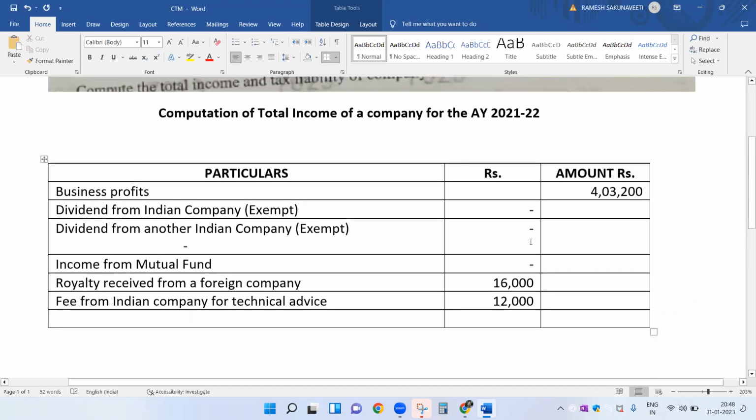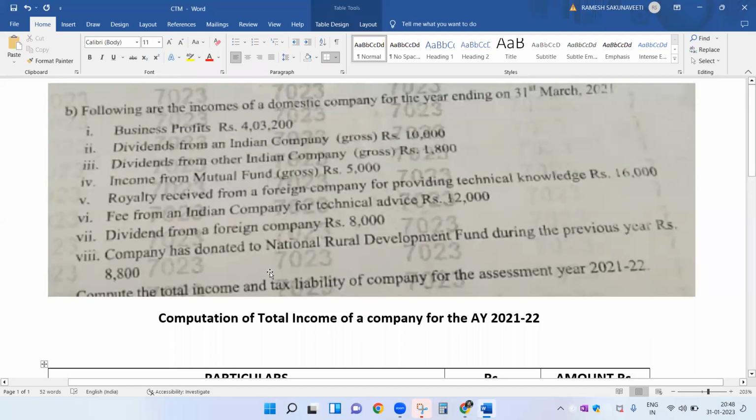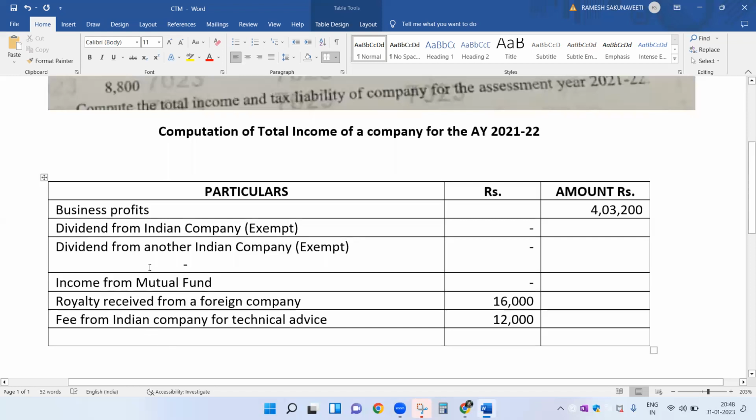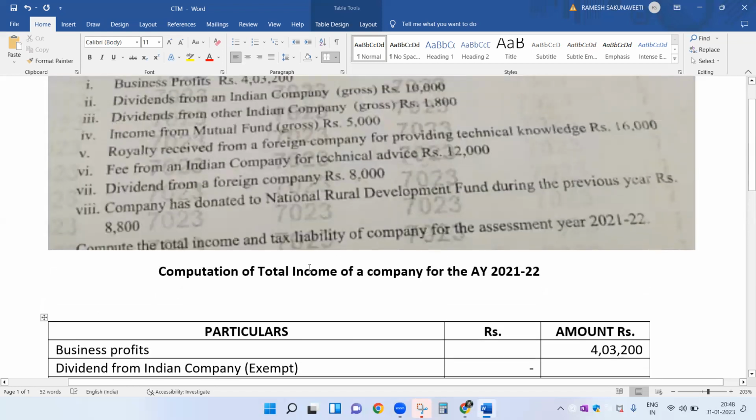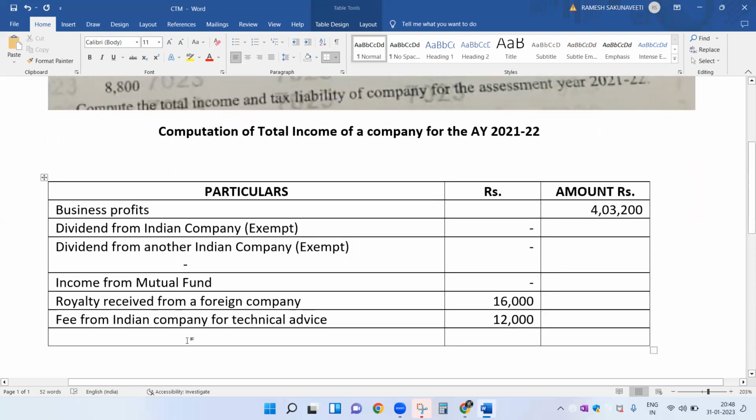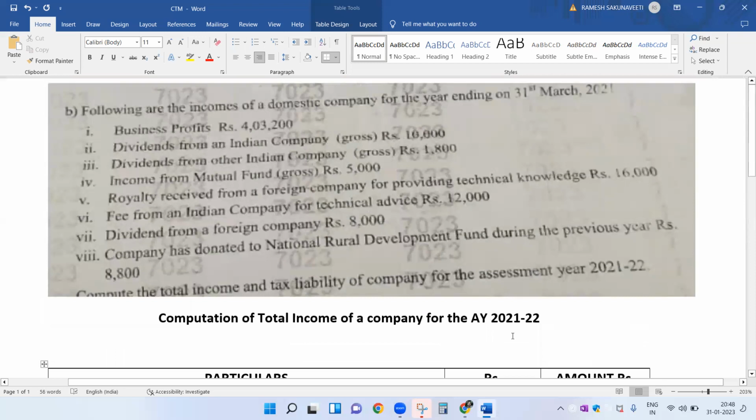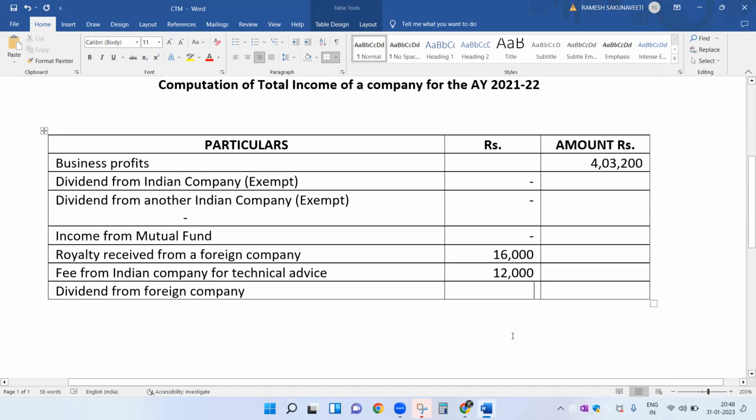Next one. What is the next item? Dividend from a foreign company. You see, dividend from Indian company is tax exempt. Dividend from foreign company is taxable. Yes, did you understand? Yes, sir. Dividend from foreign company. What is the amount? 8,000 rupees.